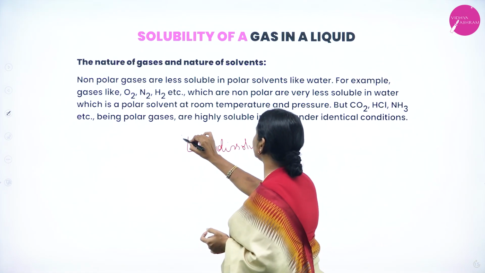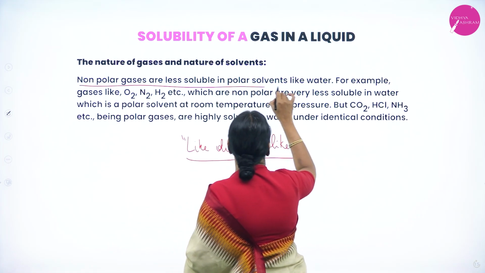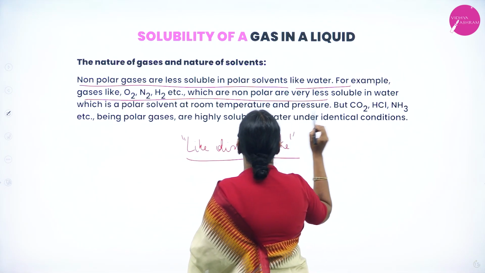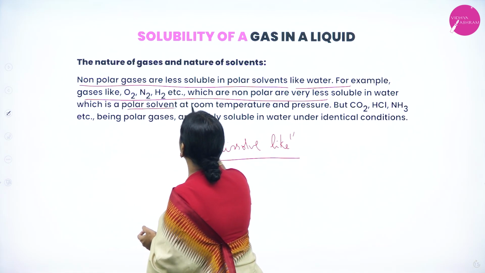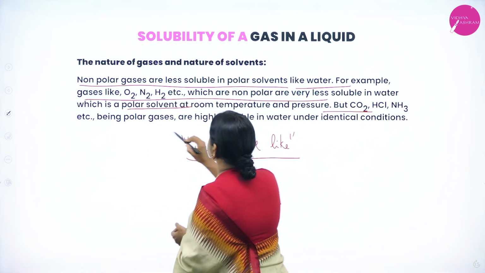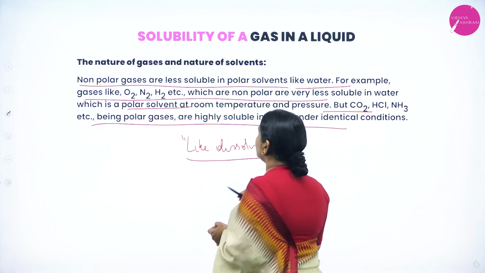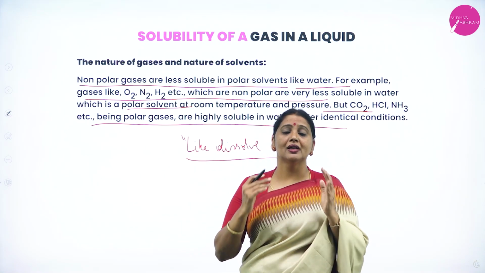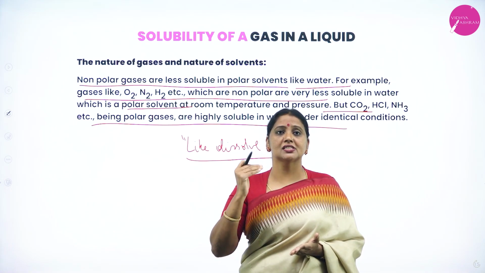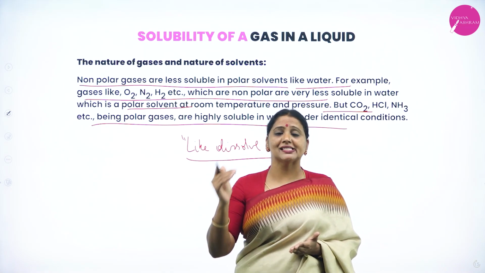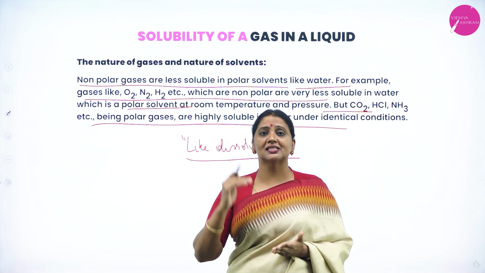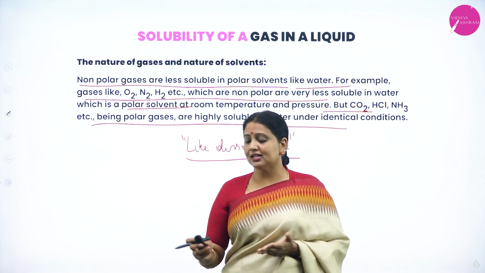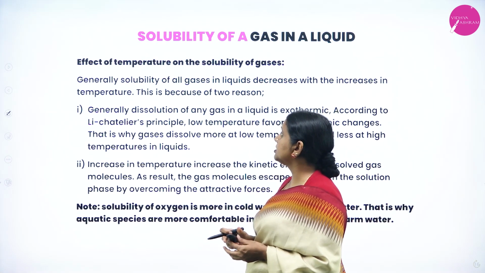According to this generalization, non-polar gases are less soluble in polar solvents but more soluble in non-polar solvents. Similarly, polar gases are dissolved in polar solvents. Polar in polar, non-polar in non-polar.